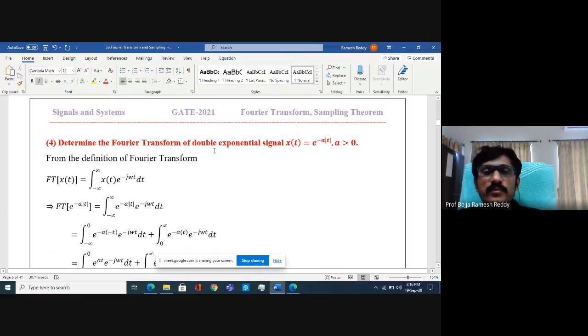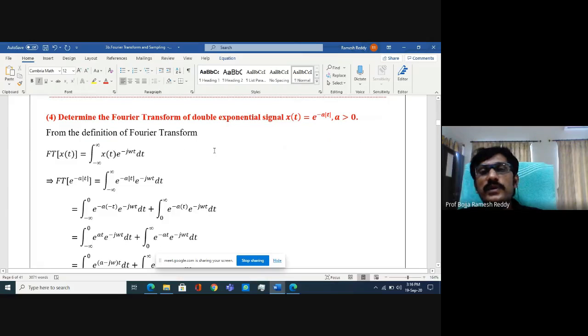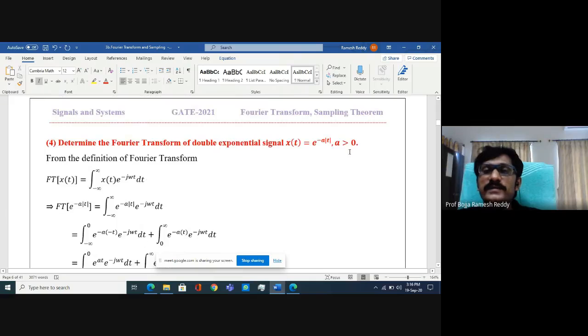Now see another example. Determine the Fourier transform of double exponential signal. Double means it is the combination. It is the combination of rising exponential and decaying exponential, and it is represented with e to the power of minus a modulus of t.